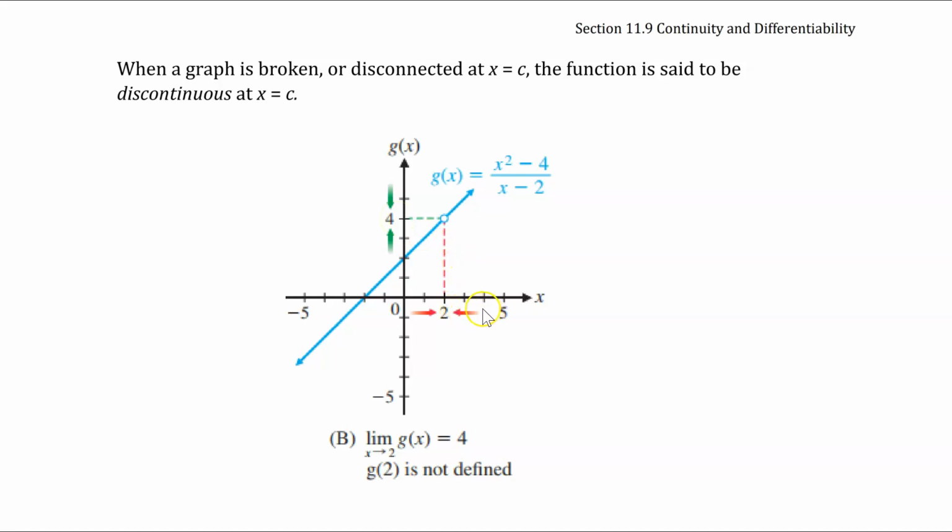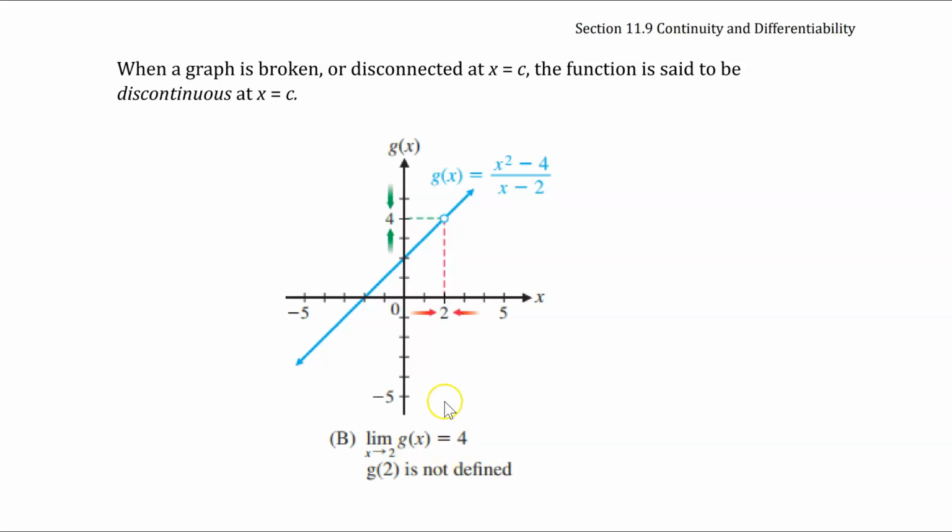And also, where the graph would approach as x approaches 2 from the right, the graph will also approach the same point, which is y equals 4. Therefore, we say in this case that the limit of the function as x approaches 2 is equal to 4.